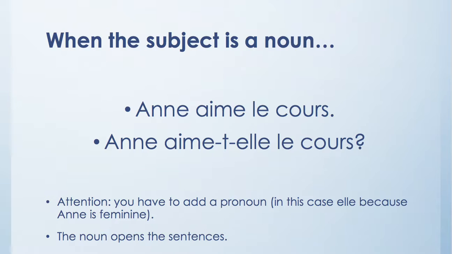So I write Anne aime-t-elle le cours? So the noun opens the sentence, and you always have to have a pronoun. In this case, as I said, it's elle because Anne is a girl. So Anne aime le cours, statement. Anne aime-t-elle le cours? Question.